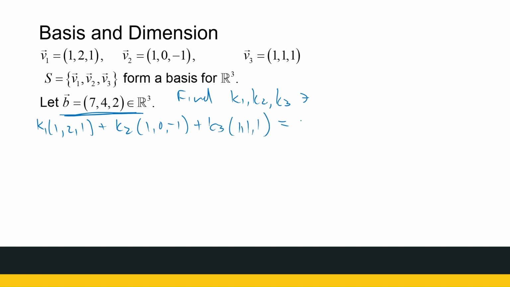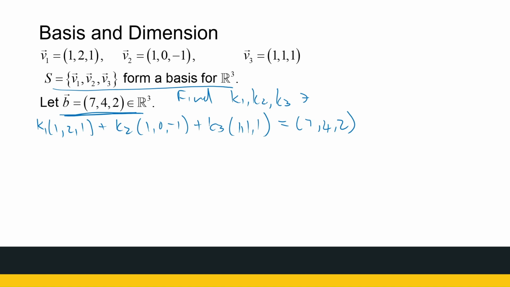That linear combination must give me 7, 4, 2. Now, I know S forms a basis, so there has to be a solution to the system. There's no way around it. So thankfully I know that I should be able to find them.